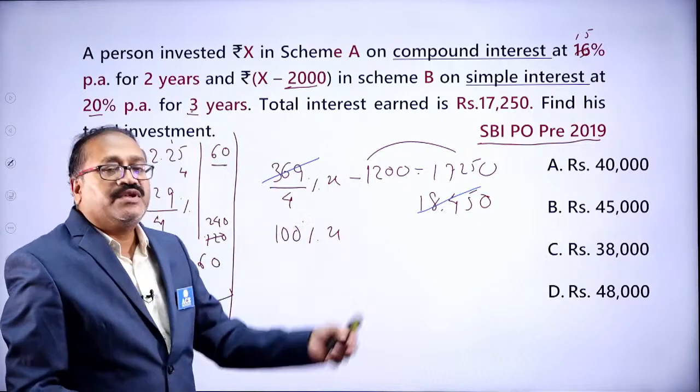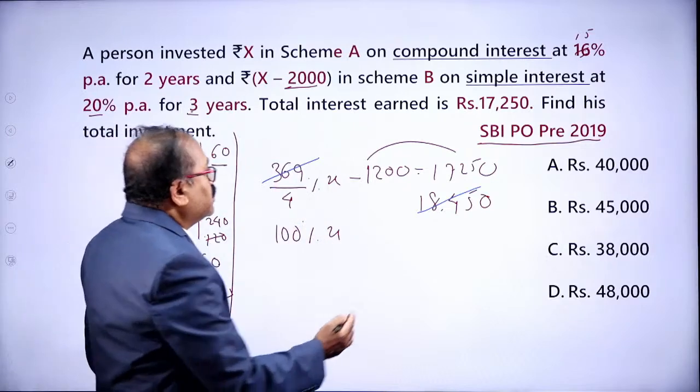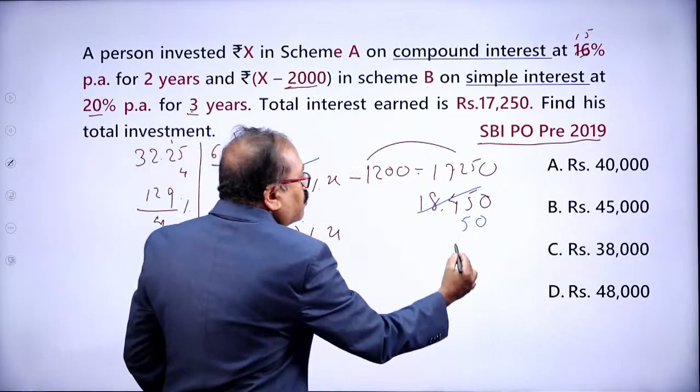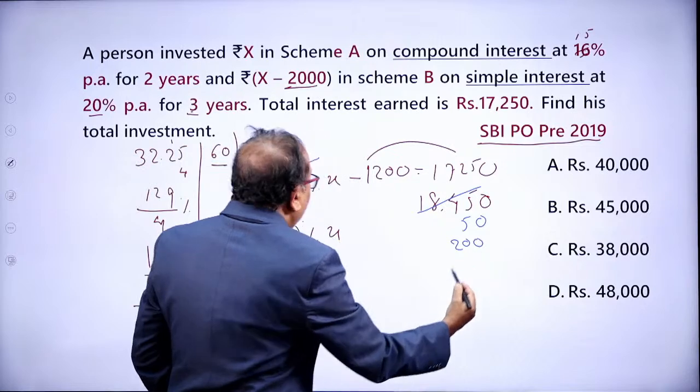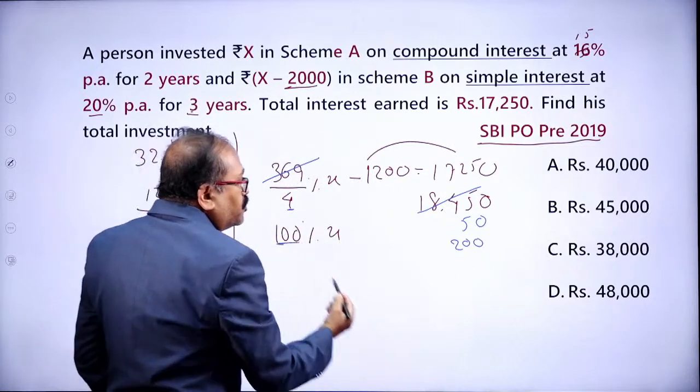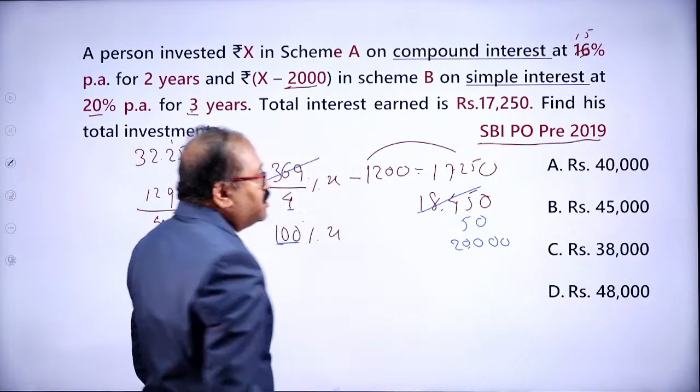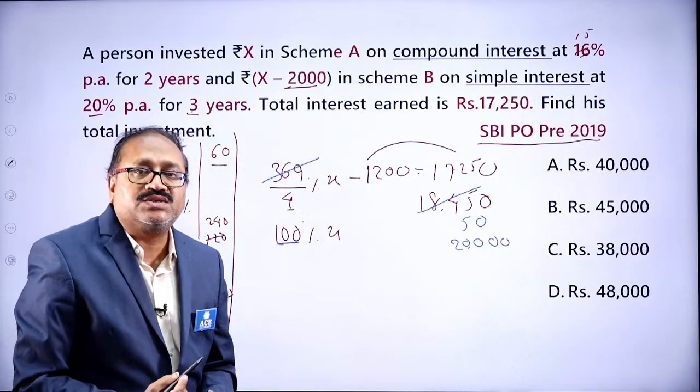It is getting cancelled. How many times? 50 times. So 50 into 4 is 200, and 200 into 100 is 20,000. So you got the 100% of x is 20,000.